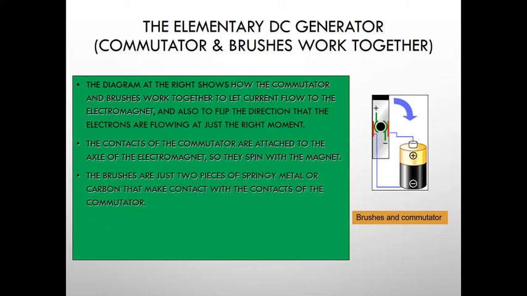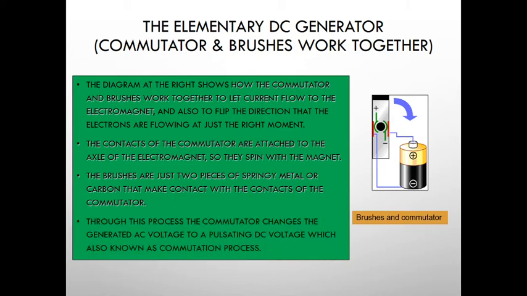The brushes are just two pieces of springy metal or carbon that make contact with the contacts of the commutator.